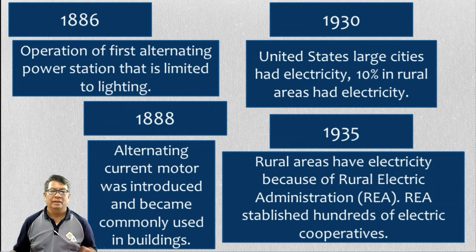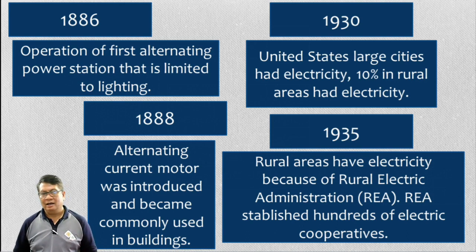It established hundreds of electric cooperatives. Many years ago, it was the project of President Marcos to distribute electricity even to the very far rural areas. So, yun na po, mayroon na tayong mga cooperatives.